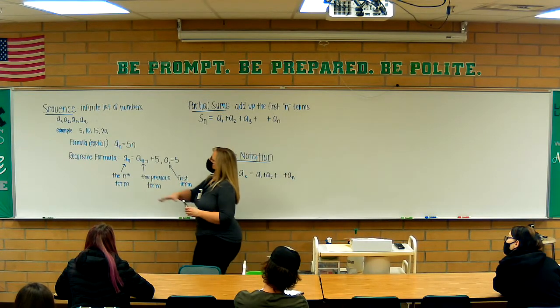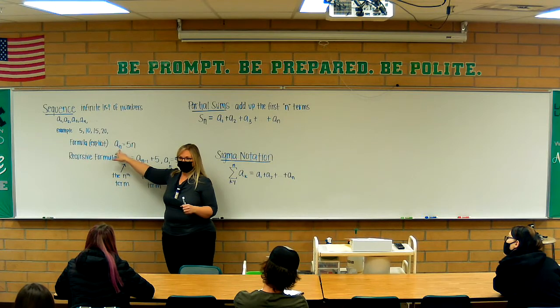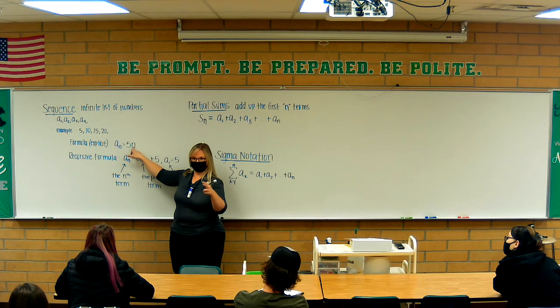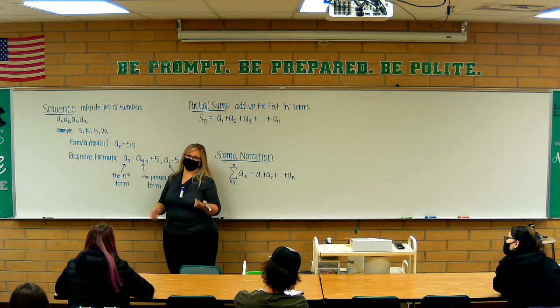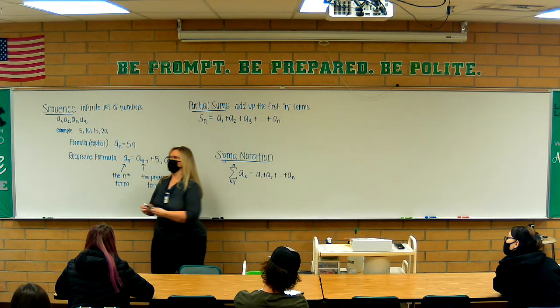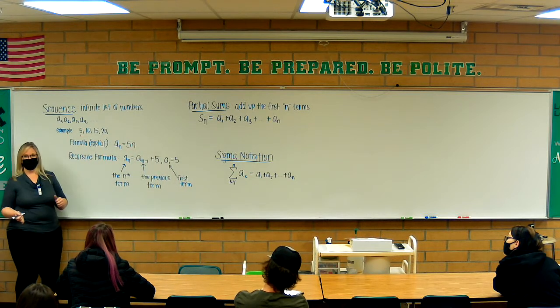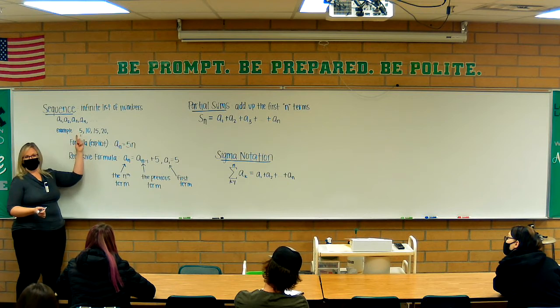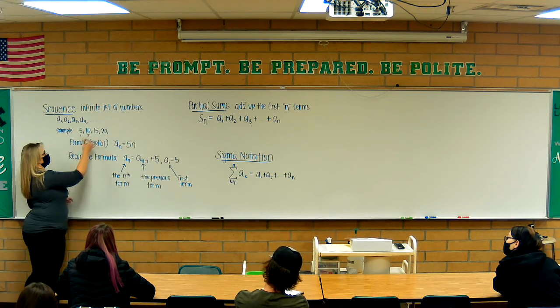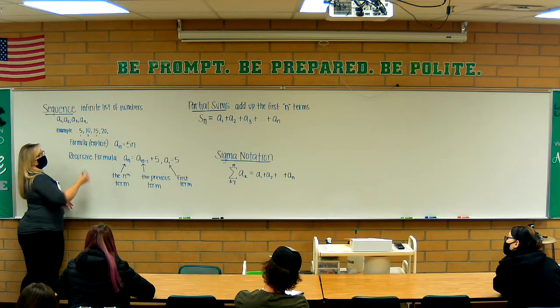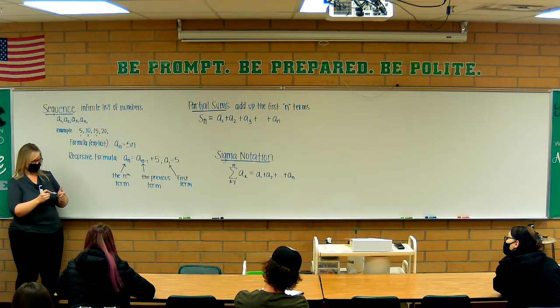So no matter what term of the sequence we're looking for, the formula is to take the term number, so what number it is in the sequence, if it's the first term, second term, third term, and just multiply it by 5. Does that seem to work up here? This would be the first term. Is that 1 times 5? This would be the second term, so it's 2 times 5. This would be the third term, so it's, okay, I'm boring you to tears.